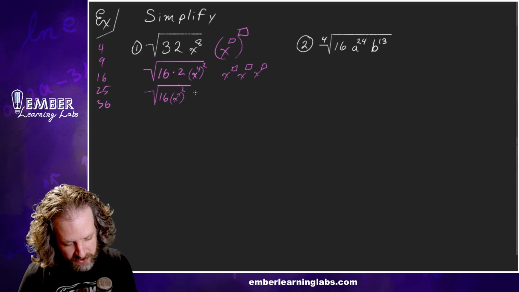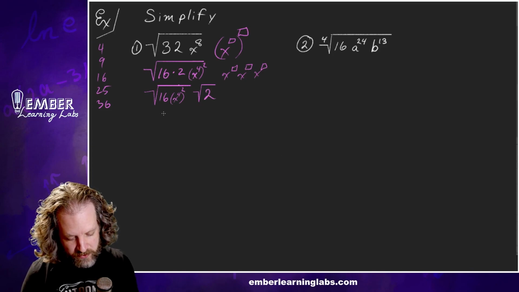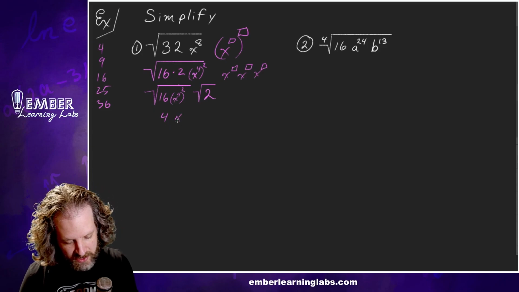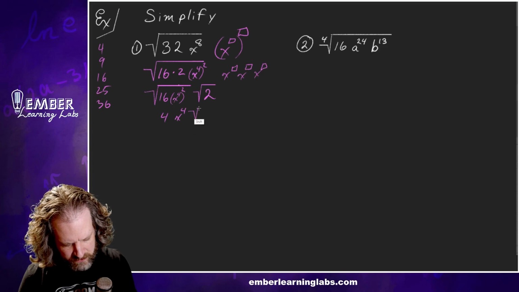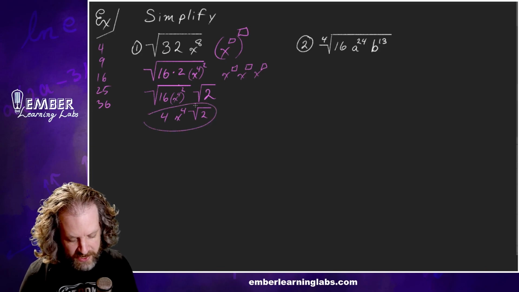And then we're just going to make sure we leave and don't take off the square root of 2. So in this one, we get 4 x to the 4th times the square root of 2. There we go. That's as simple as that one gets.